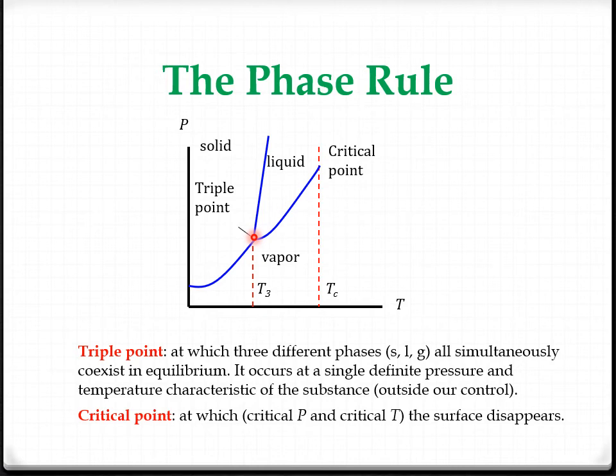It occurs at a single definite pressure and temperature characteristic of the substance, which is not under our control. The critical point is the point at which the distinction between liquid and gas disappears.